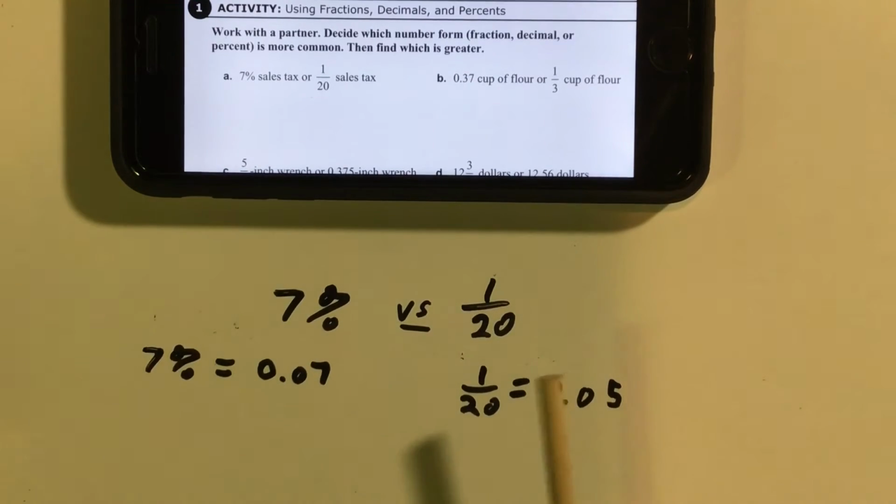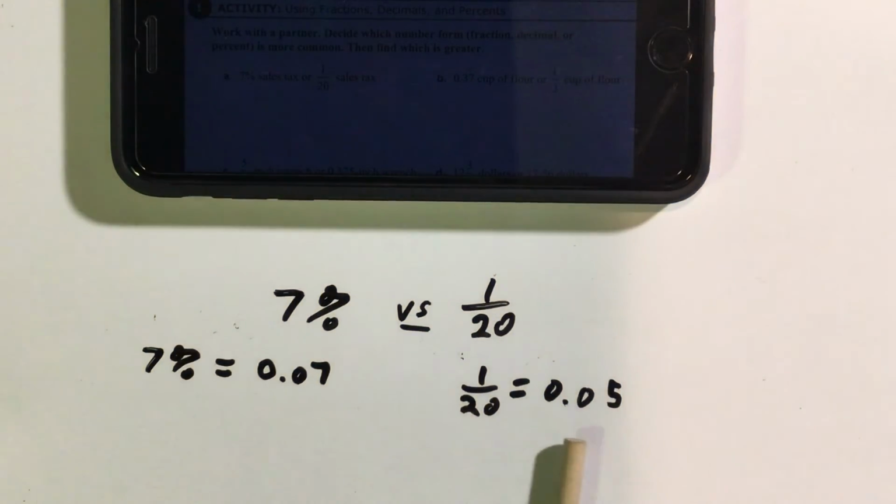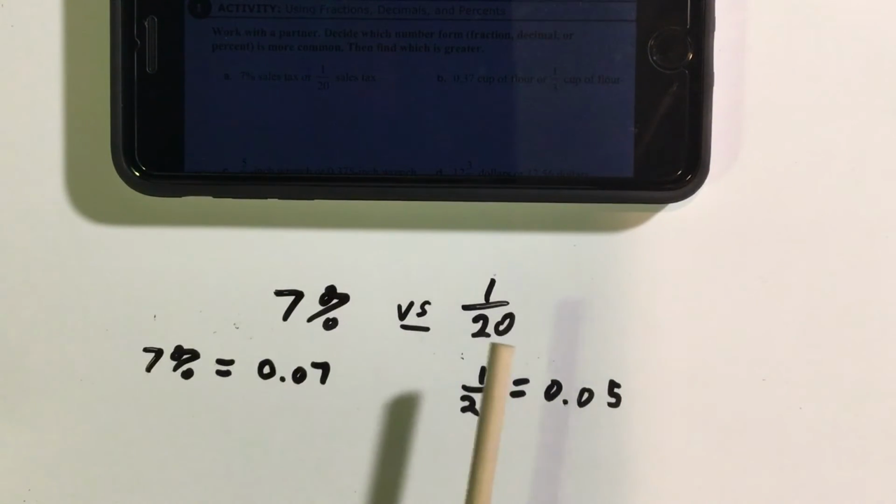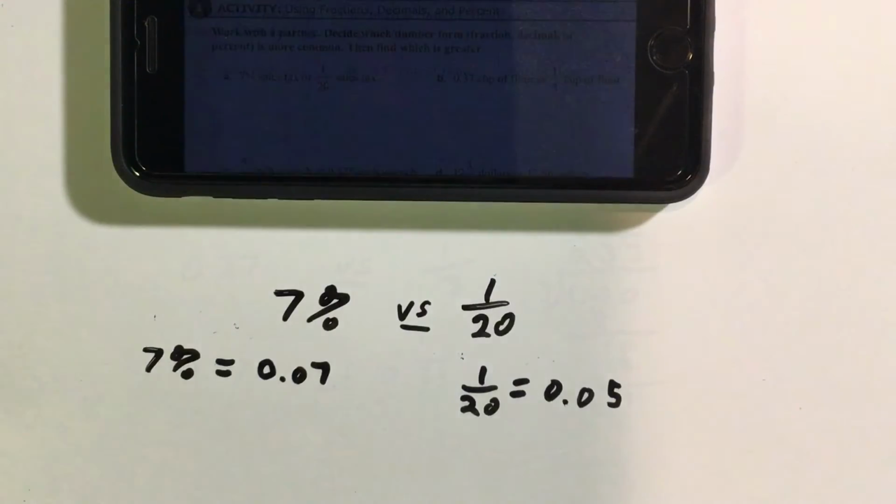Over here, I turned 1/20th into its equivalent, which would be 0 and 5/100. So again, I'm comparing 0 and 7/100 compared to 0 and 5/100. Therefore, I can tell that 7/100 is greater, therefore 7% is bigger than 1/20th.